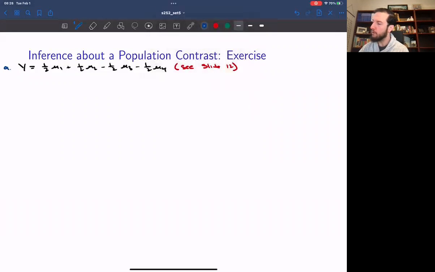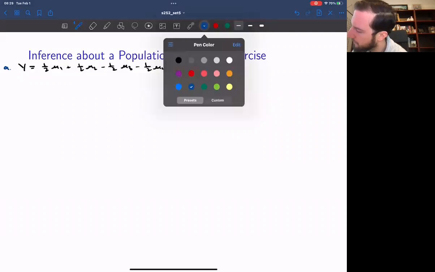Basically what we're doing here is testing whether or not the contrast is different from 0.